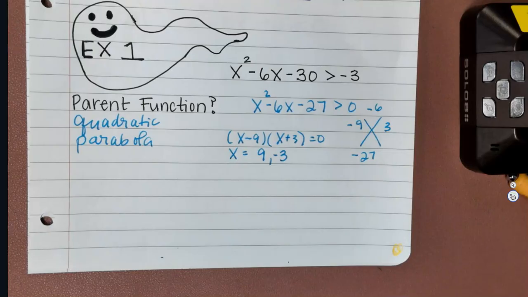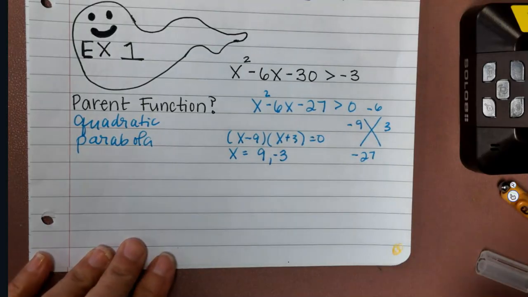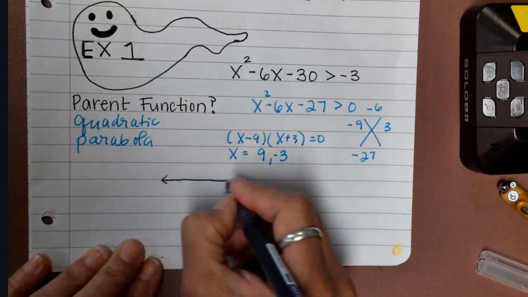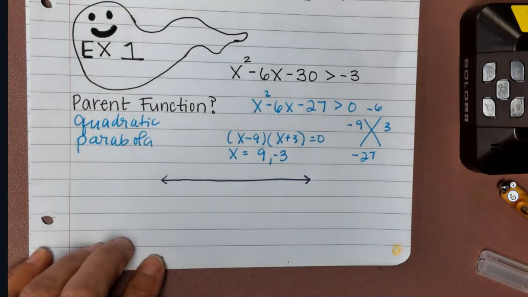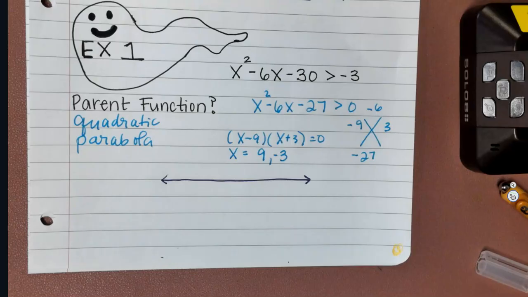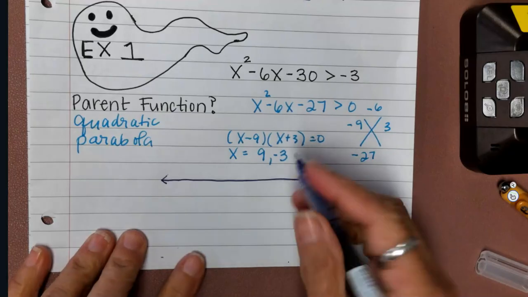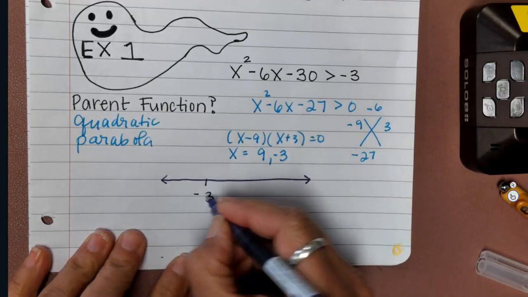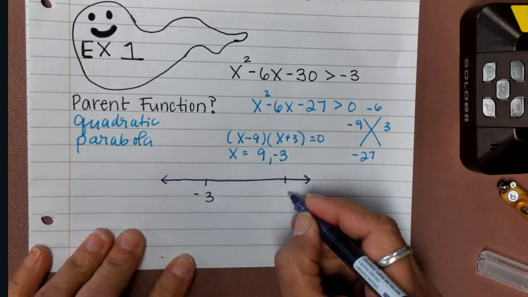So what we're going to do is test some points. I'm going to make a really basic number line. And when I say basic, I mean basic. All I'm putting are my answers, negative 3 and 9.